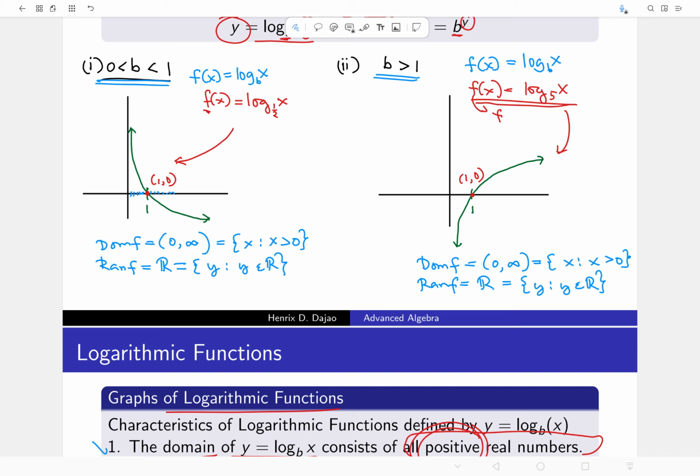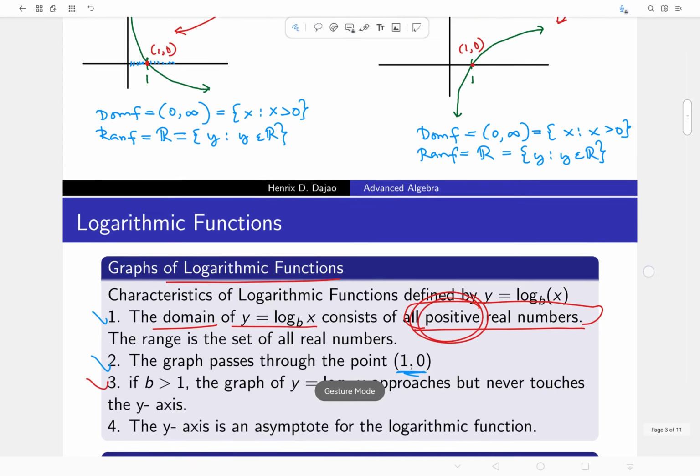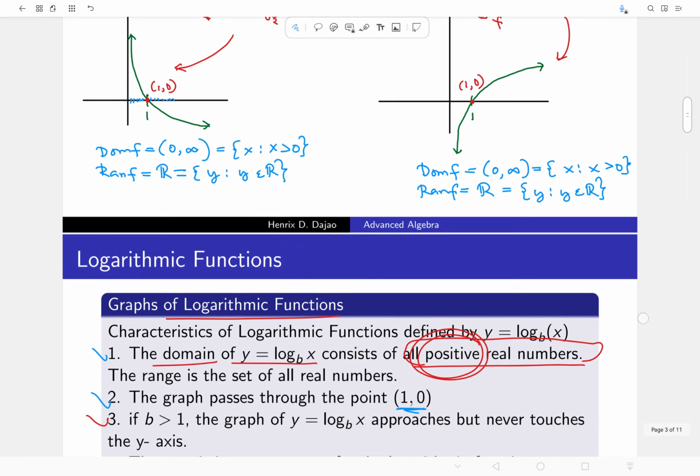The same is true when b is between 0 and 1. As you can see, this graph approaches this line but never touches the y-axis.